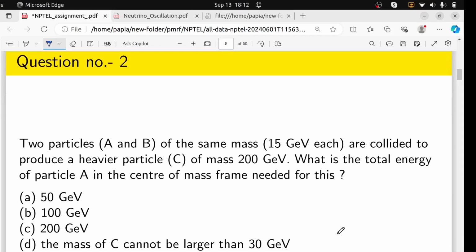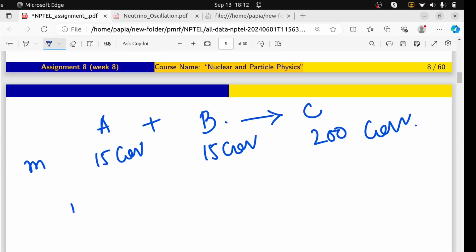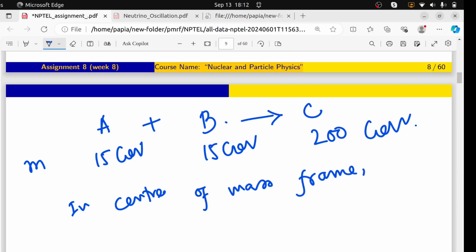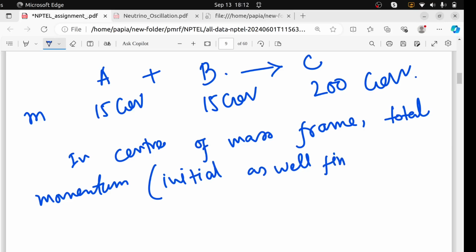First of all, for the center of mass frame, they are asking for, in the center of mass frame, the total momentum, I mean the initial as well as final, should be 0.